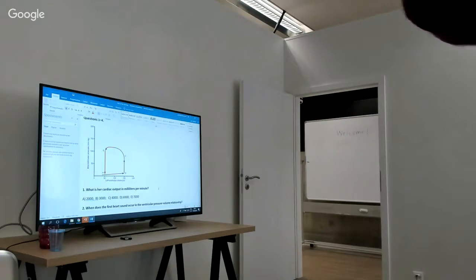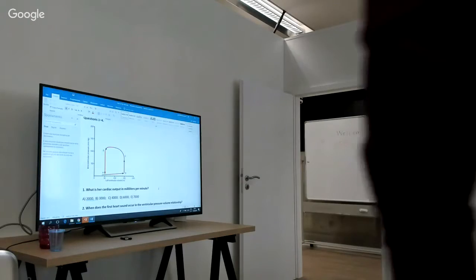You say the end diastolic volume. You see there. How much is the end diastolic volume? The end diastolic volume is the maximum volume of the ventricle in the cardiac cycle.